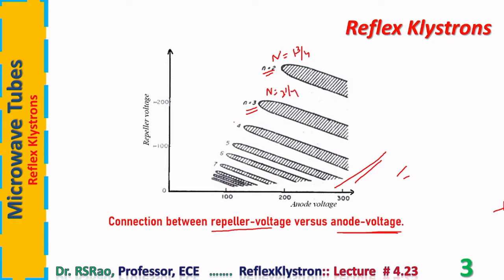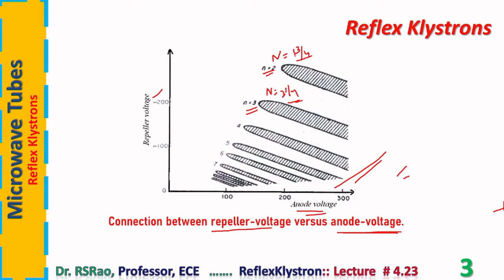One can notice lower order modes require higher repeller voltage. 1 3/4 mode requires more repeller voltage than 2 3/4. Another aspect that one can easily notice is that lower modes also require higher anode voltages.